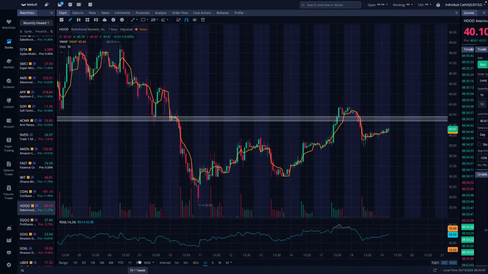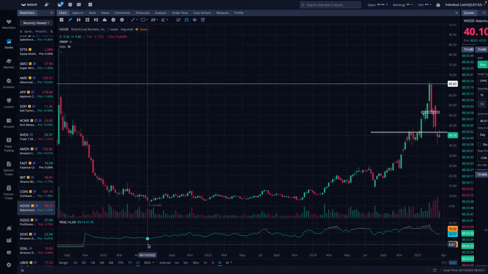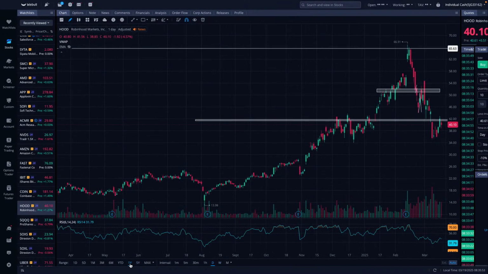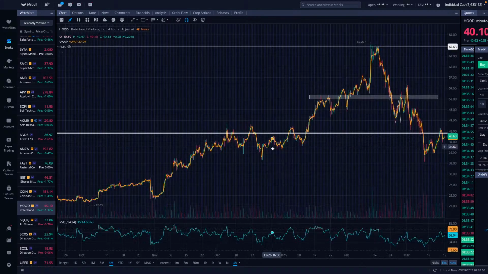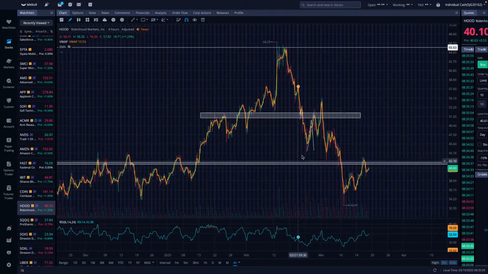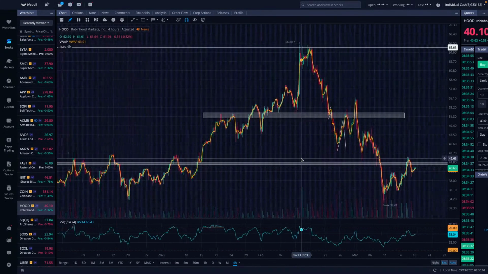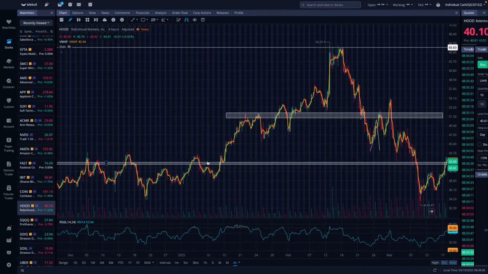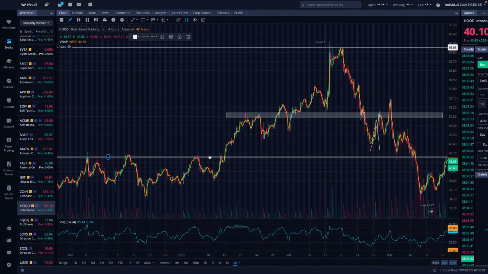We got Hood stock here. Let's look at Robinhood. I never really traded Robinhood after their whole GameStop incident where you couldn't buy more shares in GameStop. I think right here, if you're going to short them, I just see it right here. You have clear resistance points right in this area. You get a touch here at 43, a touch here at 43, another touch here at 43.